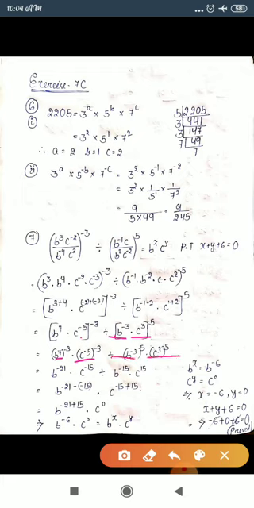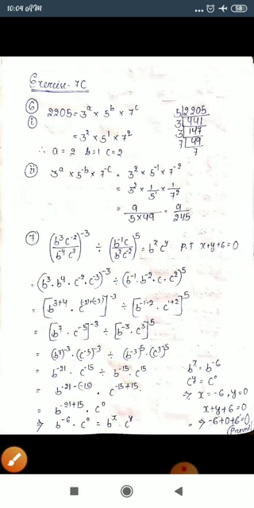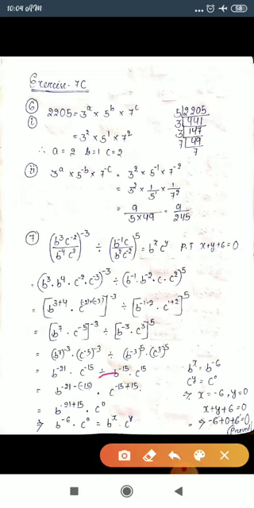Then after, just multiply the exponents: b to the power minus 21, c to the power minus 15, and here minus 3 into 5 is minus 15, and 3 into 5 is 15. Okay, now just add the exponents because like bases we got. Okay, and since division is here, you have to subtract the exponents of like bases.